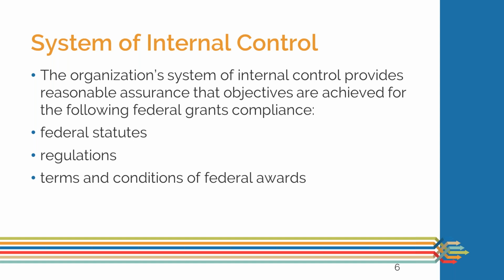Regulations could be even in the state, like Texas Administrative Code, or regulations from the federal agency that has oversight of the grant itself, and then down to your terms and conditions of the federal award, which the federal agency will provide when they give you the award, or if they're passing it down to the state agency that does the pass-through, they would provide terms and conditions for your federal award.